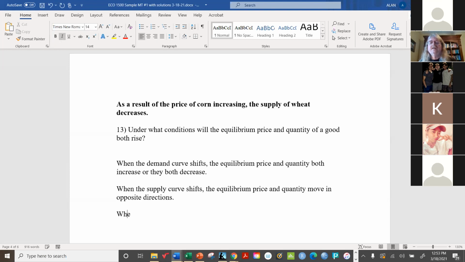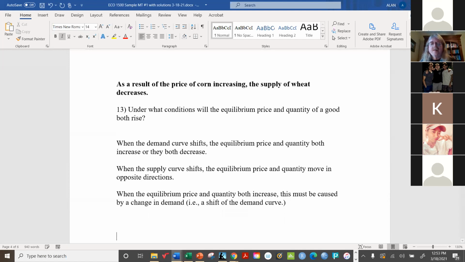So when the equilibrium price and quantity both increase, this must be caused by a change in demand, or in other words, a shift of the demand curve. The question is which way?